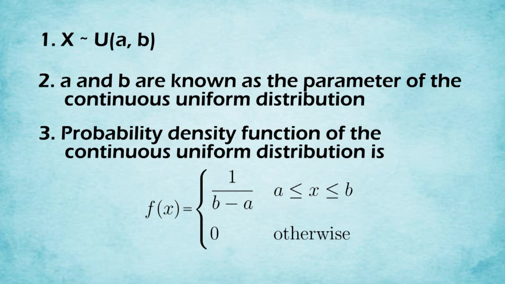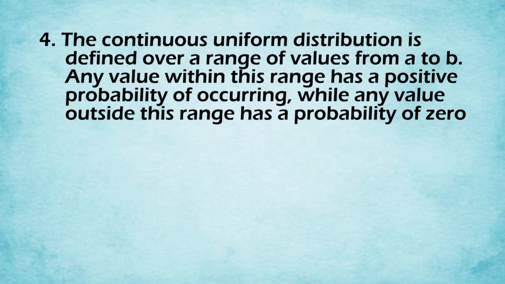The continuous uniform distribution is defined over a range of values from a to b. Any value within the range has a positive probability of occurring, while any value outside this range has a probability of 0.